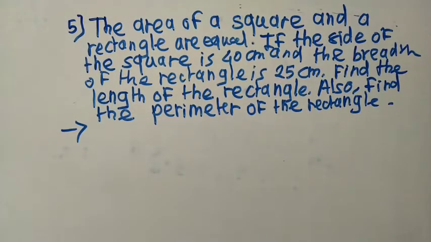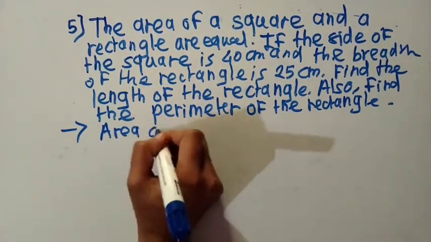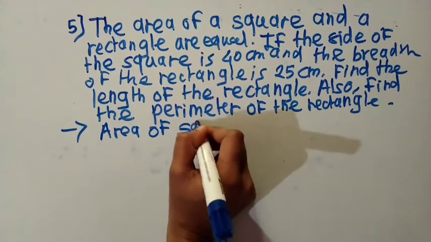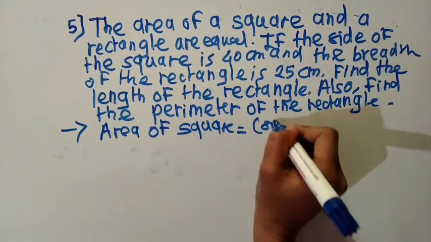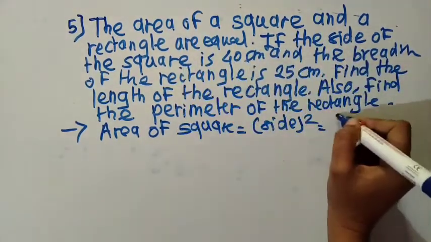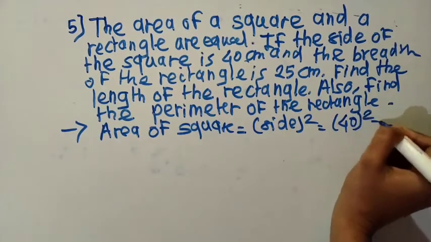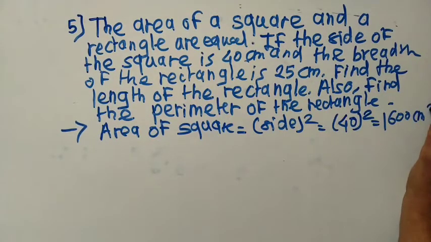Solution. First of all, area of square is equal to side square. Here side of square is 40, so 40 square is equal to 1600 centimeter square.